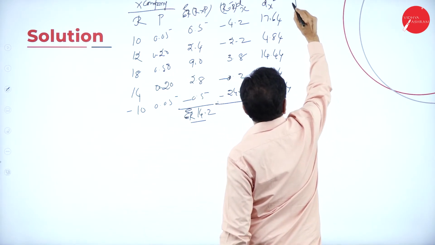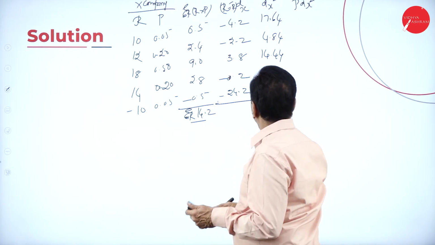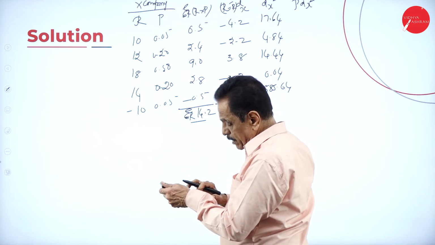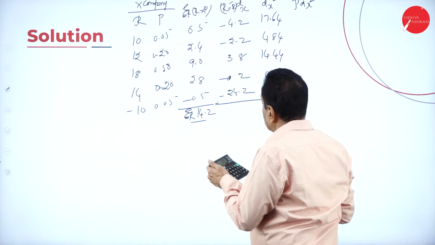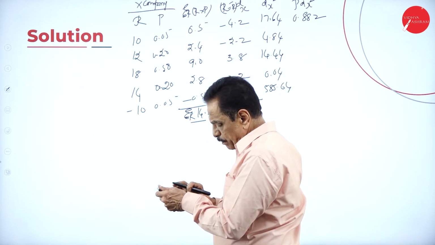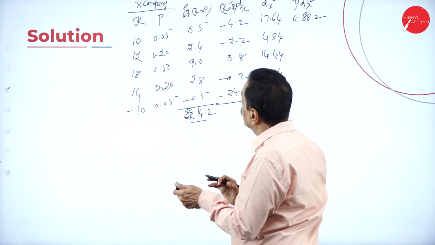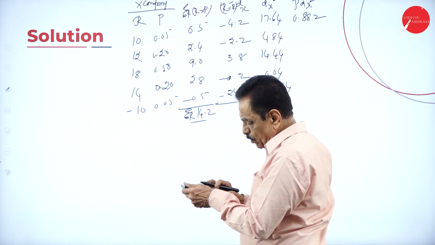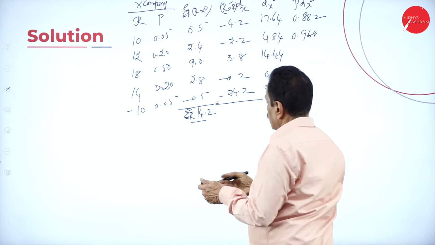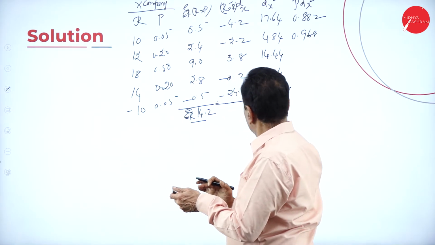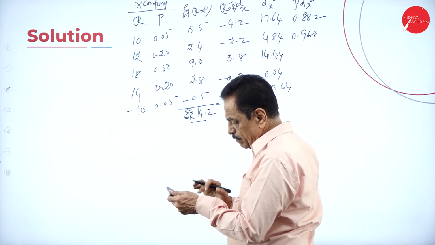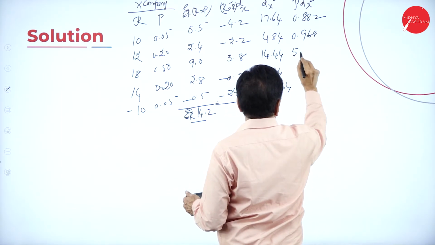Then P dx square is 17.64 into 0.05, 0.882. 4.84 into 0.20, 0.968. 10.44 into 0.50, 5.22.